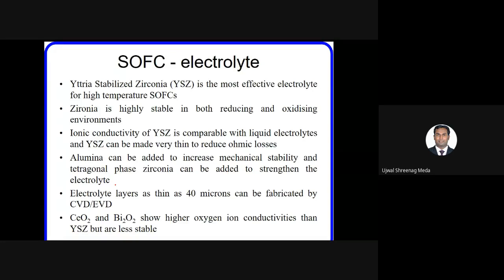The only way to bring down the loss because of this resistance is to keep both electrodes and electrolytes as thin as possible. Because it is a solid electrolyte, we can definitely make it very thin. Because of that, the losses due to resistance can be drastically reduced.